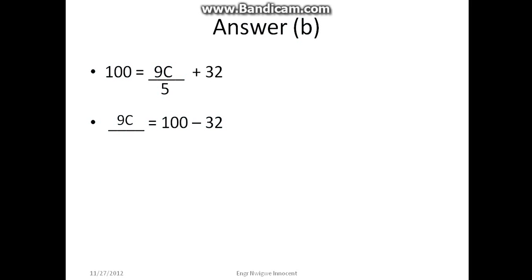Therefore, 9C over 5 is equal to, since we are looking for C, we now bring the 32 to the left hand side and bring 100 to the right hand side, which now gives 100 minus 32. Therefore, we now have 9C equals, in brackets 100 minus 32 will give us 68, times 5.